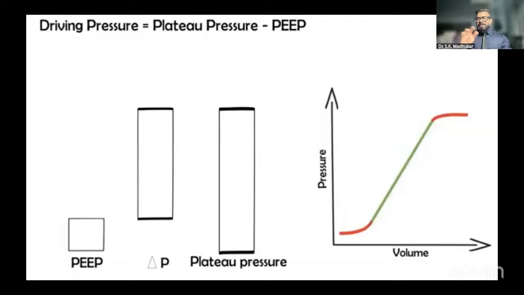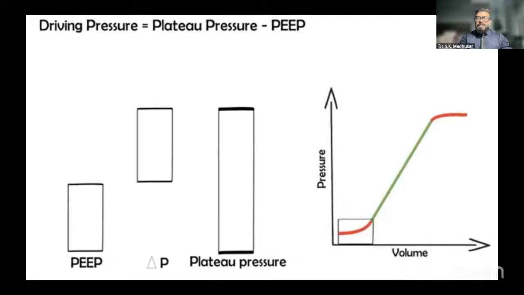Now, understand this concept of driving pressure with the compliance. Suppose you have this, on the right-hand side, you are seeing the compliance. Left-hand side, you have all three values: plateau pressure, PEEP, and driving pressure.